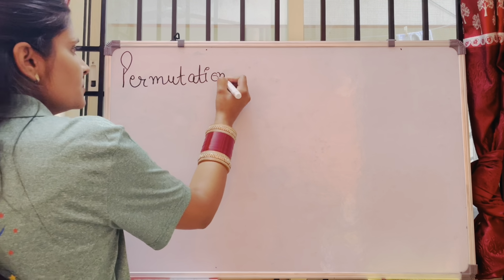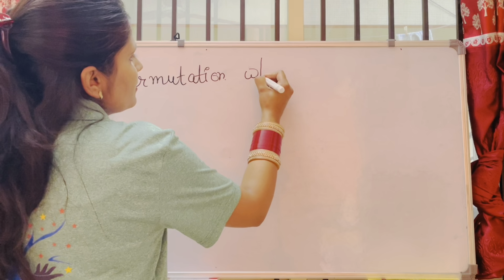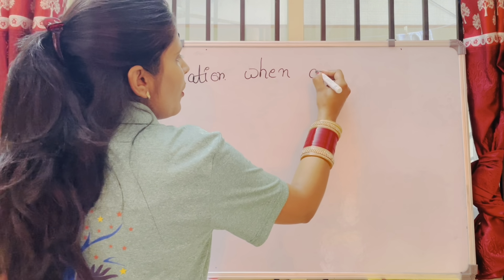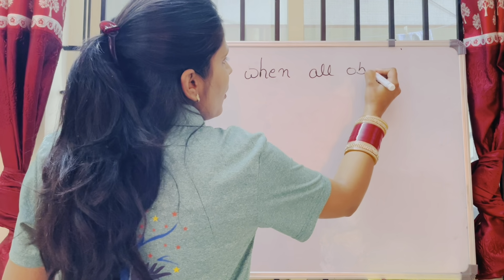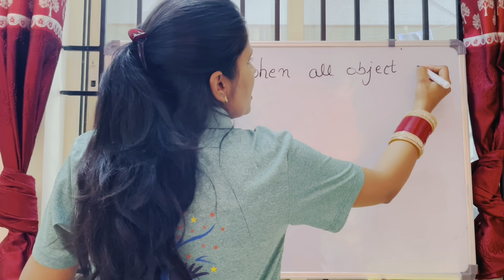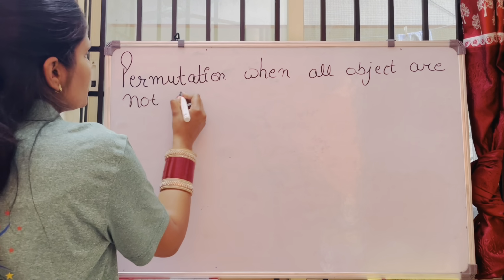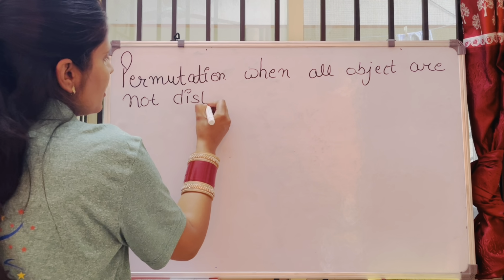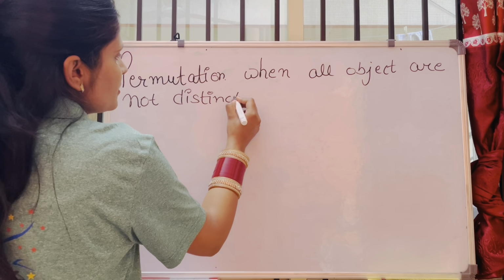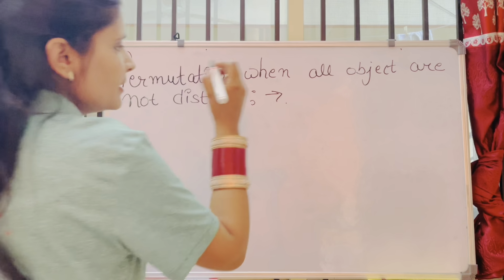Permutation when all objects are not distinct, right?